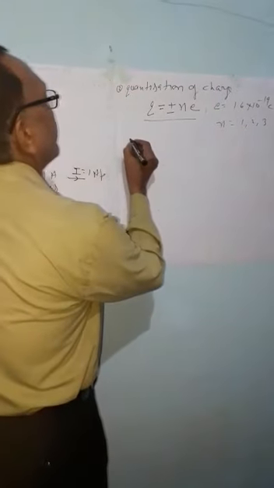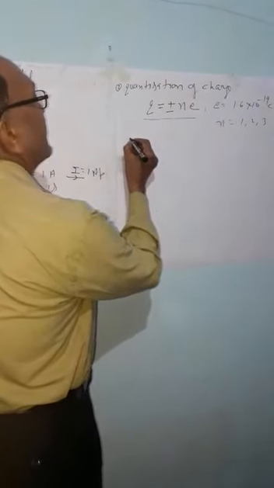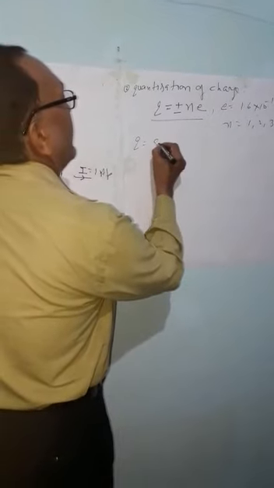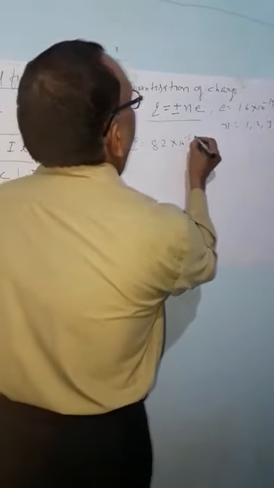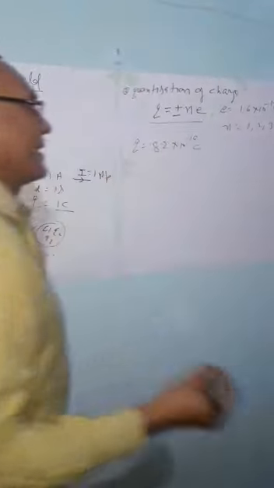Now you see, what is the use of this formula? How will we say whether a body can have this amount of charge or not? Suppose anybody tells you that I have given a charge Q is equal to 8.2 into 10 to the power minus 19 coulomb to a conductor. Is it true or false?